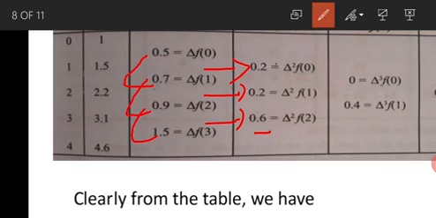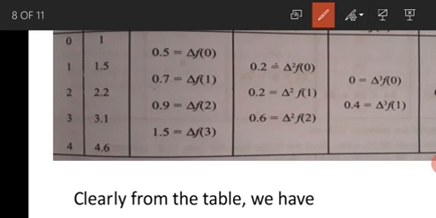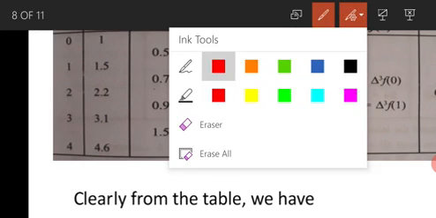That is delta square f of 0, delta square of f of 1, delta square of f of 2. Similarly, the difference of these two, 0.2 minus 0.2, is 0. And 0.6 minus 0.2 is 0.4, right?